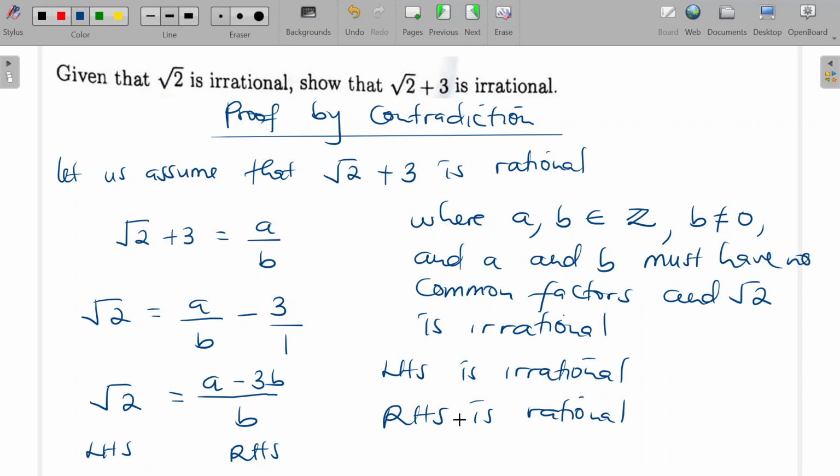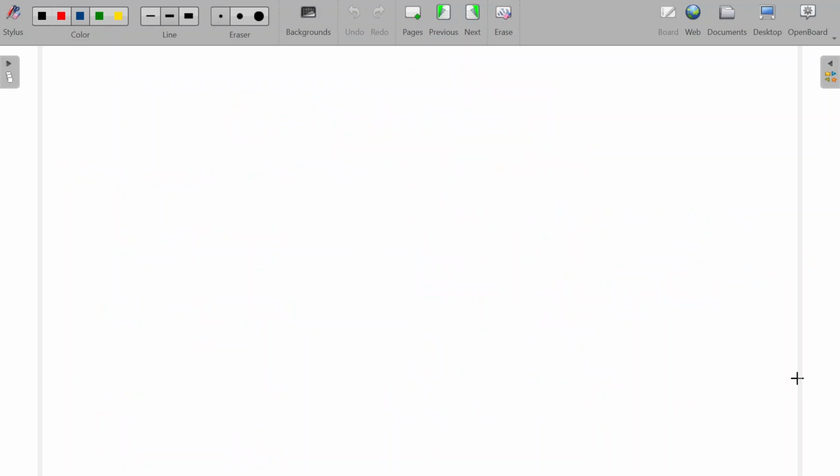That is what we've identified. How can this be? So we are going to write a statement to say that the left hand side is irrational.